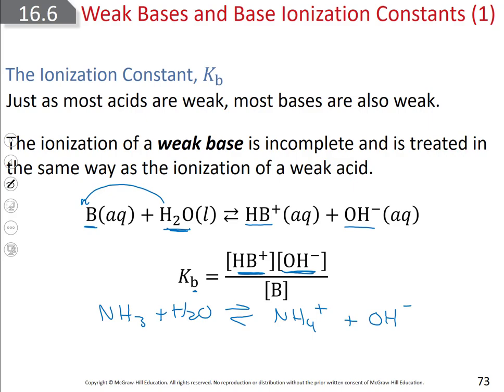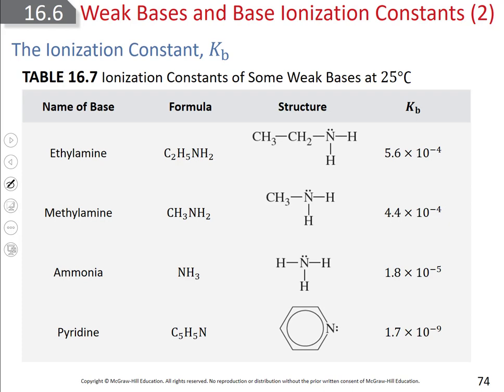So on page 744 is the table of common weak bases, just like we had one for the weak acids and their K values. So right there is ammonia. Ammonia has a Kb value of 1.8 times 10 to the negative fifth.